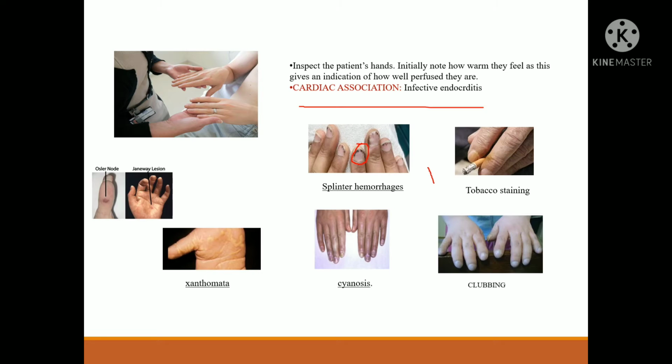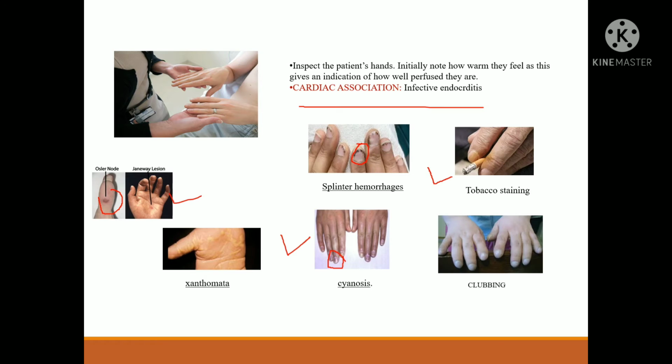You should also look for tobacco staining. Then Osler's nodes and Janeway lesions. Janeway lesions are rare, non-tender lesions which are present on the palms and soles. Osler's nodes are painful raised lesions found on the hands and the feet. Next, look for cyanosis, which is a bluish discoloration you can see over the nail beds, and clubbing.